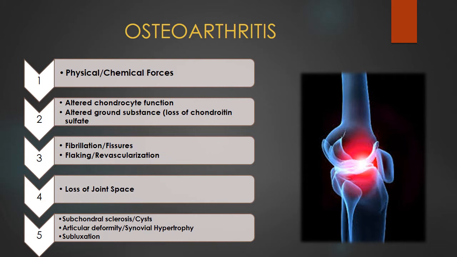But with degenerative joint disease, we're referring to the hyaline cartilage that makes up the covering over the articular surfaces of adjacent bones that form the articulation. Well, a lifetime of chemical and physical forces starts to slowly create an alteration in the function of the chondrocytes, the cells that are responsible for producing cartilage.